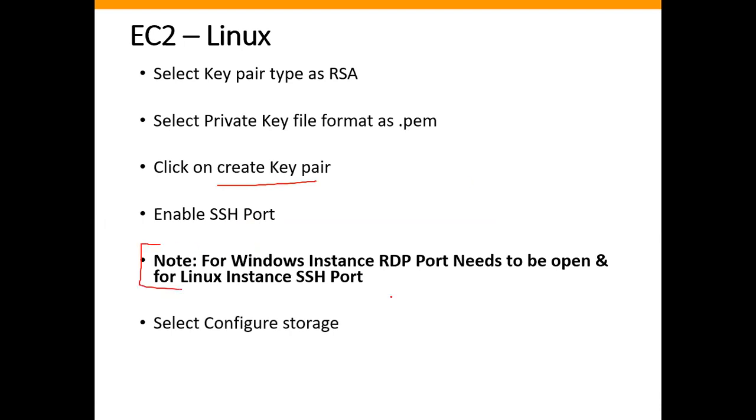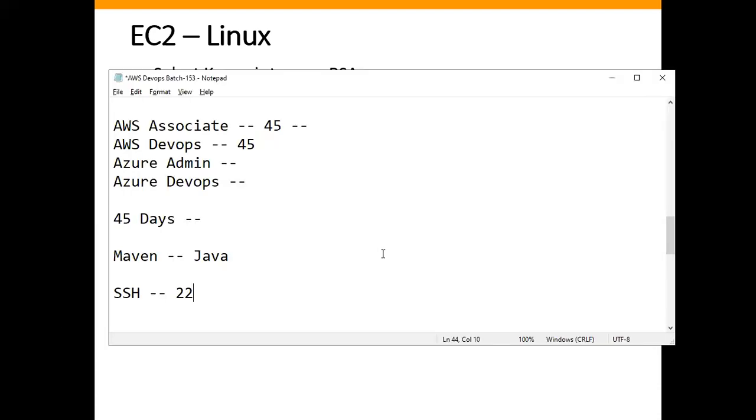It is mandatory. Same way, if you want to connect a Windows machine, we need to enable the RDP port number. Anyone knows the RDP port number? Correct, 3389.